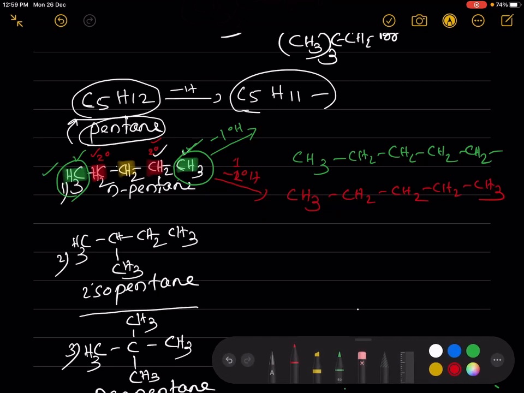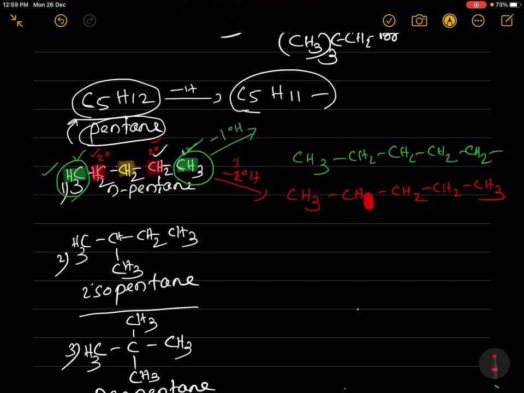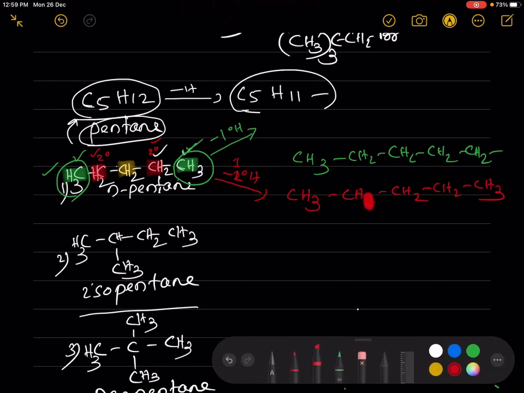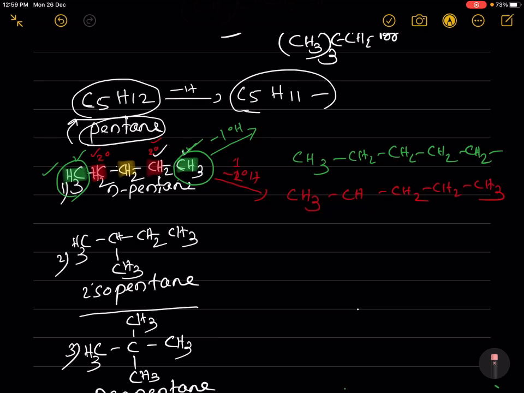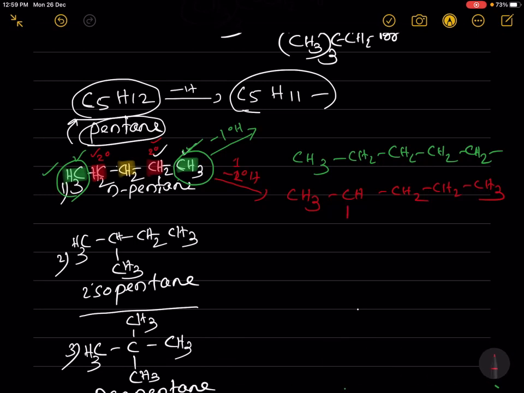Then we have to remove a hydrogen atom from this carbon, and you have to show a bond over here. This is a secondary alkyl group. The first one is a primary alkyl group. The second one is a secondary alkyl group.